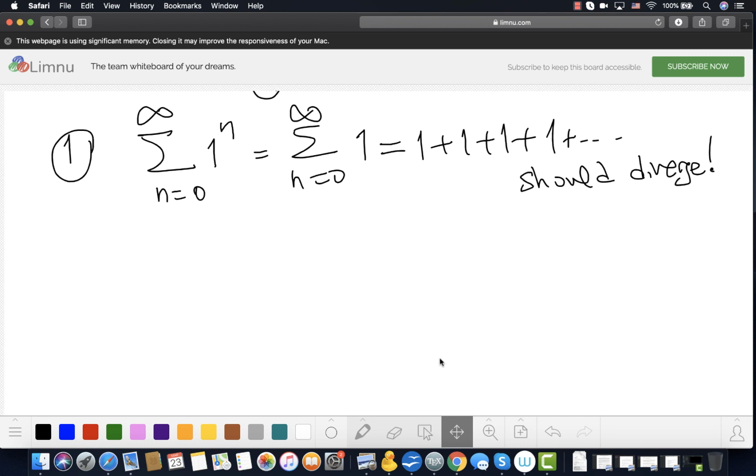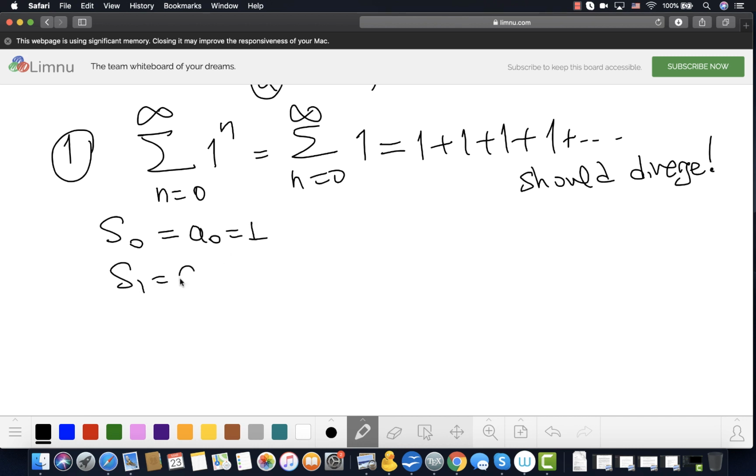How could that ever lead to anything convergent? Now let's think about the sequence of partial sums. S0 is a0, which is just 1. S1 is a0 plus a1, so it's 1 plus 1, that's 2. And you just keep going. S3 is a0 plus a1 plus a2, so it's 1 plus 1.